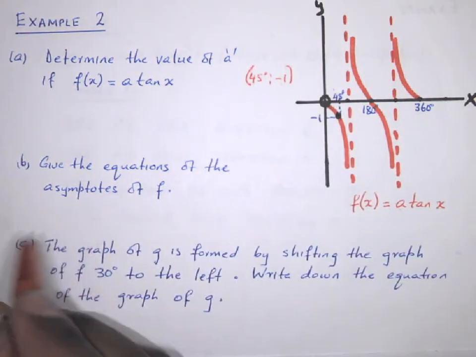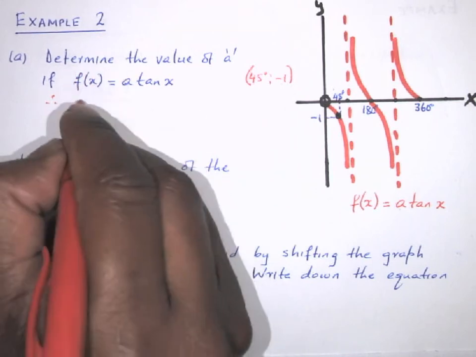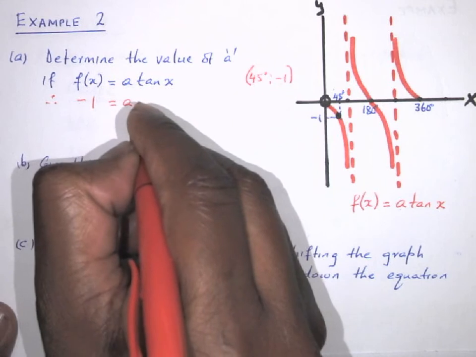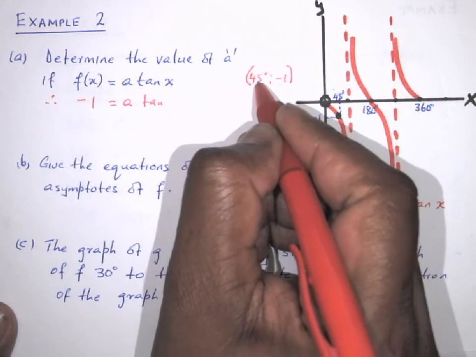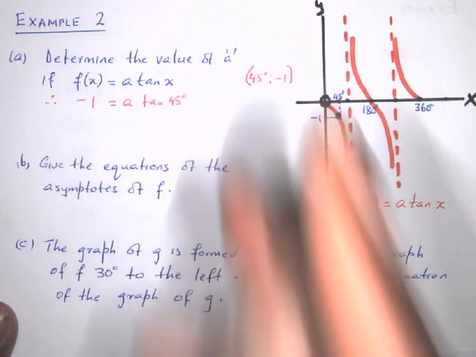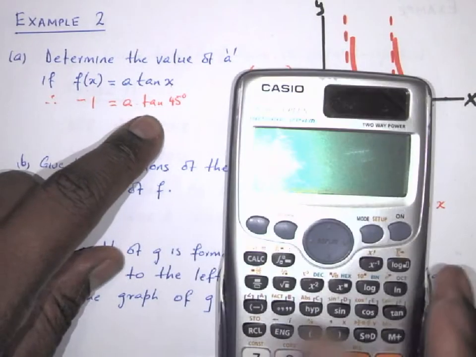So we can substitute. That is the y value, remember. So -1 is equal to a, which I don't know, multiplied by tan of 45 degrees, because x is 45 degrees. Now if you check with your calculator, what is tan 45? It is 1.